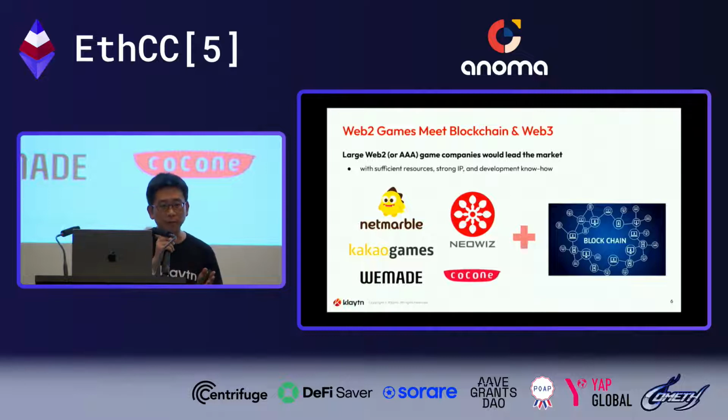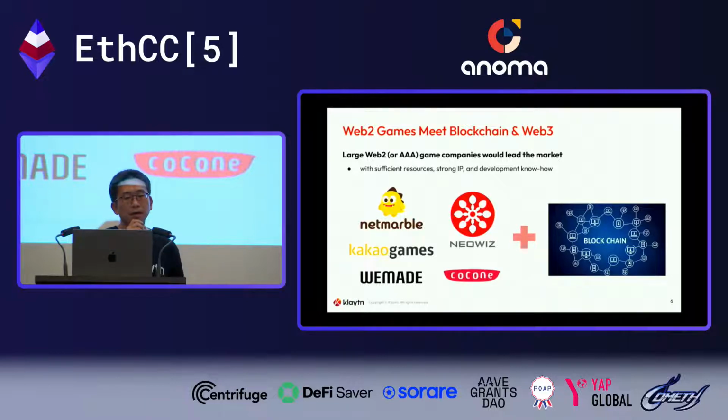And that's why they come to this market and they are building blockchain game platforms, and also they are transforming their Web2 games to Web3 versions or P2E game versions. And these are some examples of large game companies, mostly in South Korea and Japan, and they are trying to build their game platforms using blockchain or Web3 infrastructure.